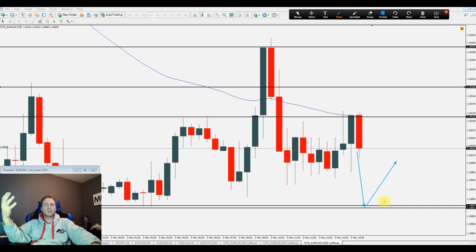If my take profit was at the support line or just below it and price bounces off it, it won't be triggered. So this is why, where my support or resistance is, I put my take profit in front of it so it gets filled. So yeah, there's my stop loss, there's my take profit.